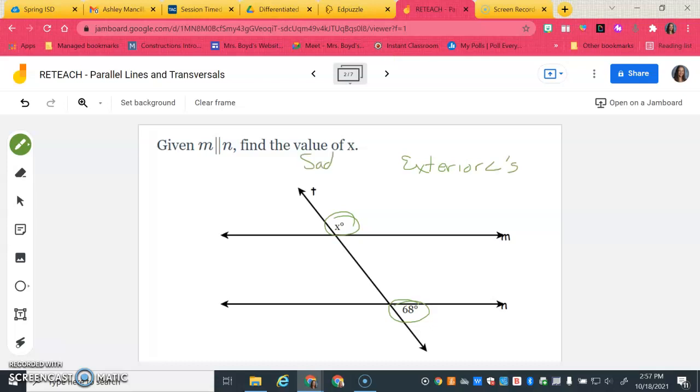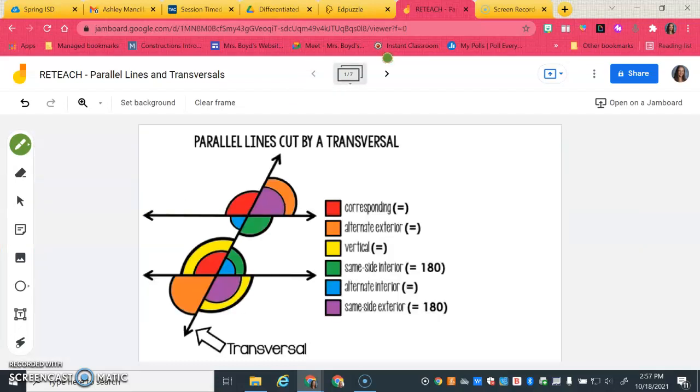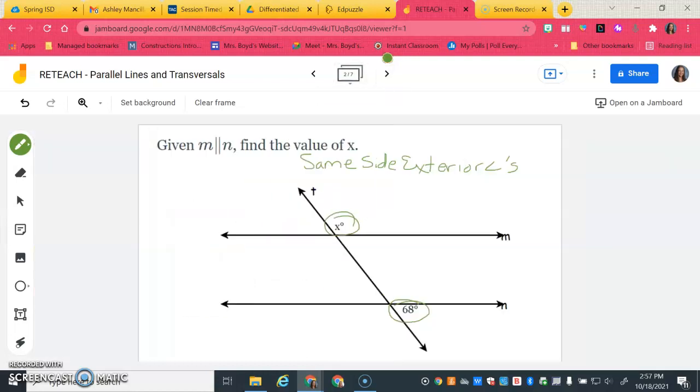So that classifies them as same side exterior angles. And if I go back, my same side exterior angles add up to equal 180. So they're supplementary. My x is obtuse, my 68 is acute. So x plus 68 is going to add up to 180.